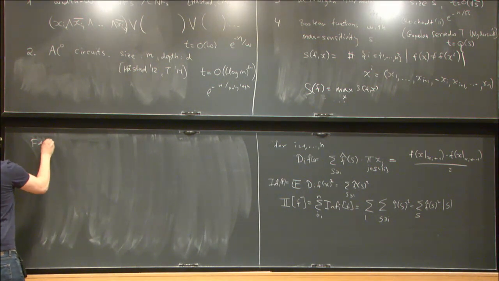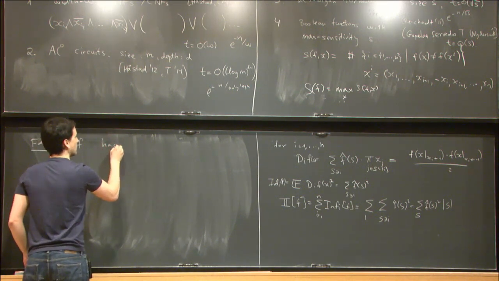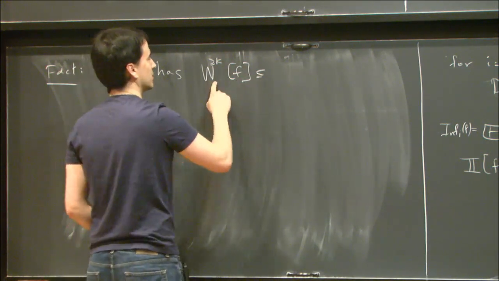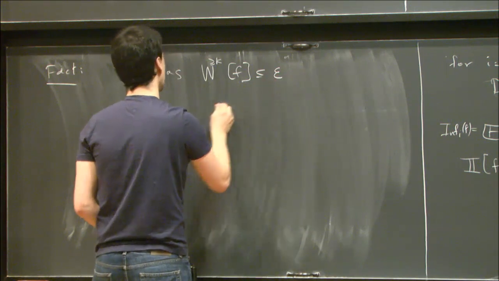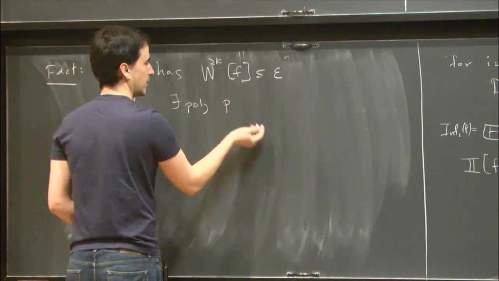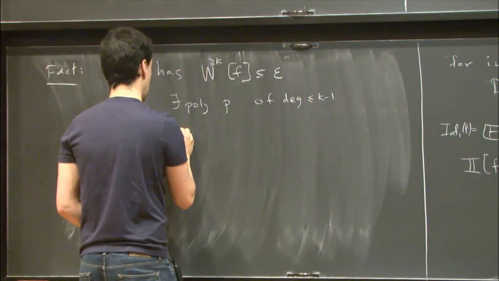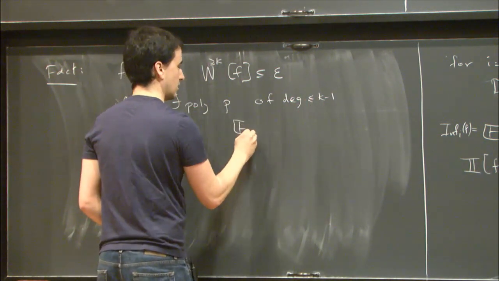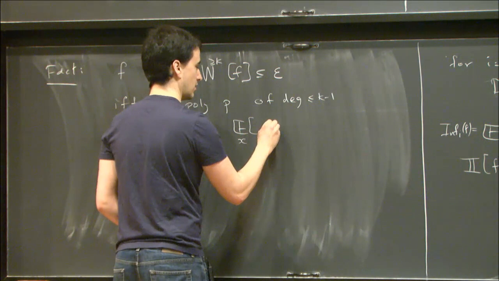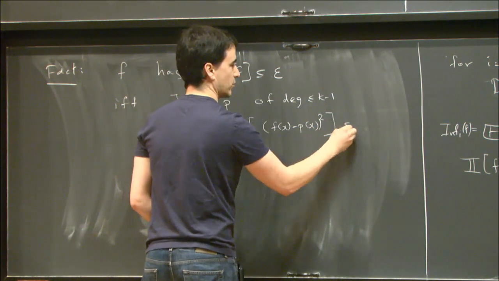So, fact: a function f has Fourier tail above level k at most epsilon, if and only if there exists a polynomial p of degree k minus 1 such that the L2 distance between f and p is at most epsilon.